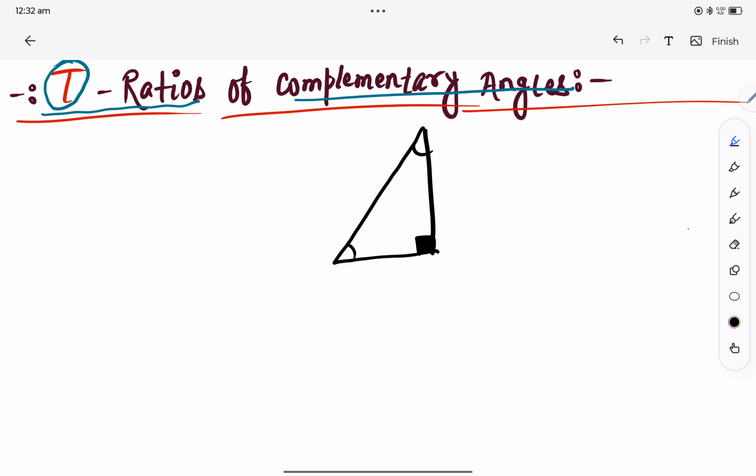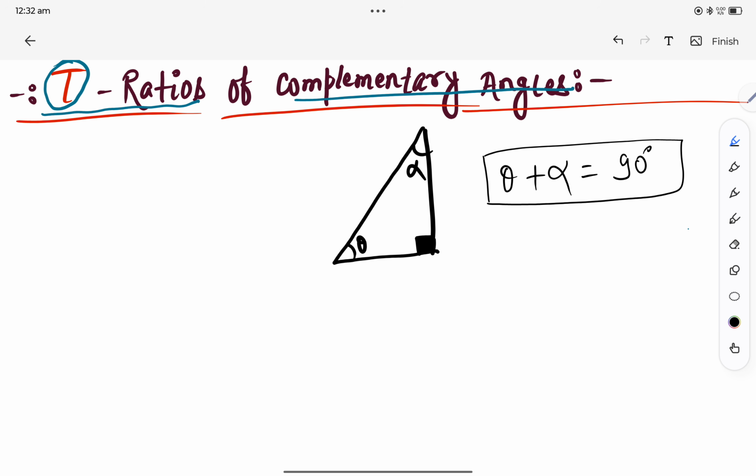That is, suppose this angle to be theta and this angle to be alpha. Then theta plus alpha is 90 degrees. So complementary angles are any pair of angles which gives 90 degrees when added.